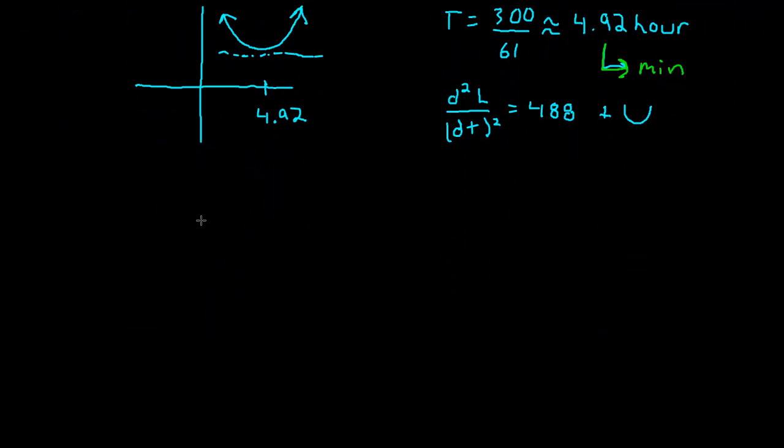I just won't take the time to actually calculate it. I've already done that. You get 10,000 minus 2,400 times your t plus 244t squared. And if you make this substitution really quick, you're going to substitute 4.92 in for t.